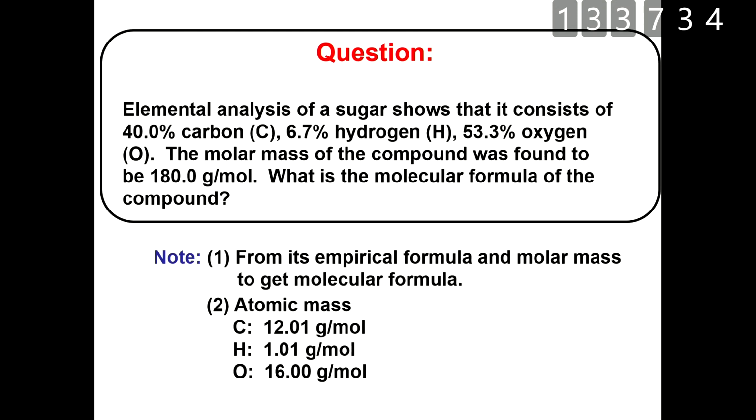Okay, now a question. For example, this is a question. Elemental analysis of sugar. You know sugar, right? It shows that it consists of 40% carbon, 6.7% hydrogen, and 53.3% oxygen.